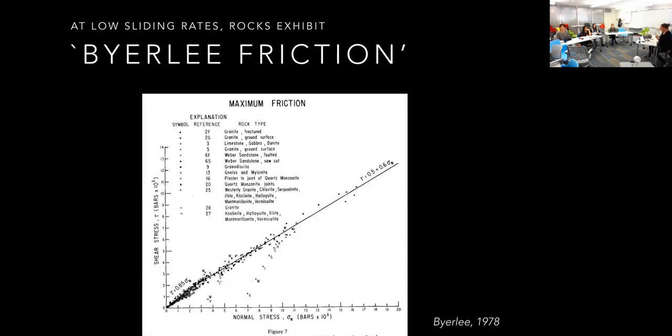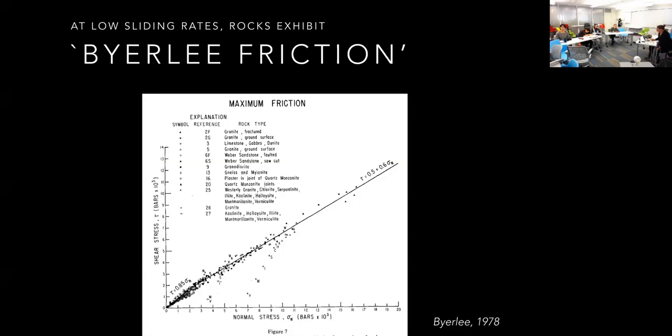Everything's good. Okay, so obviously, in order to tackle these problems, we need to know what the frictional properties of rocks are. So Byerlee, 1978, did this massive compilation where they basically took all the rocks and plotted their frictional properties.